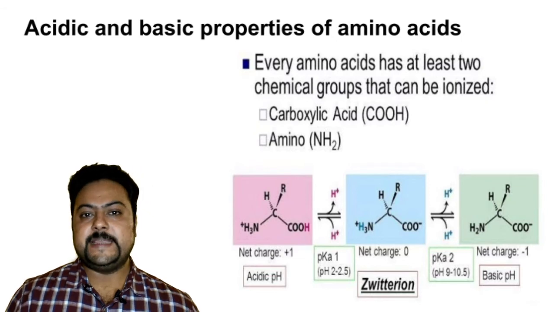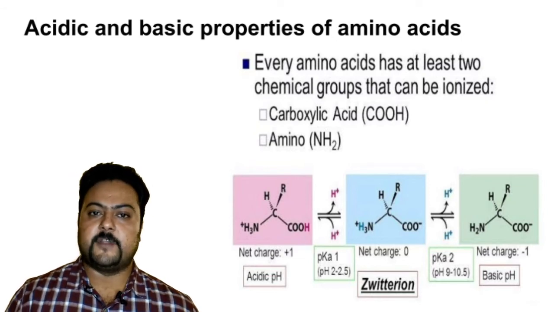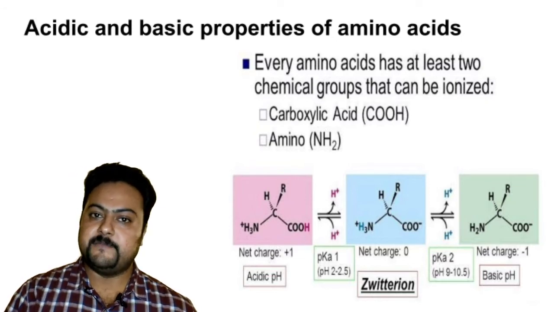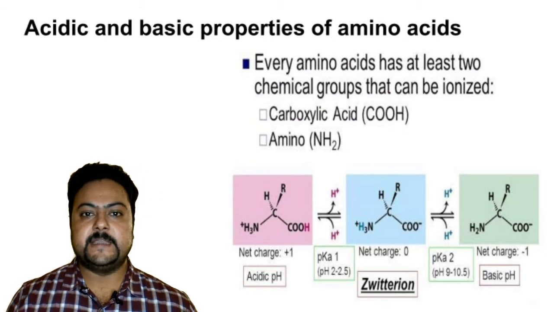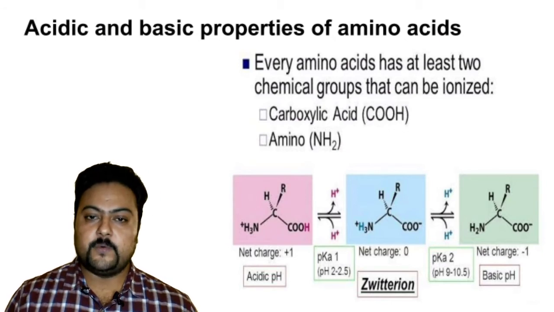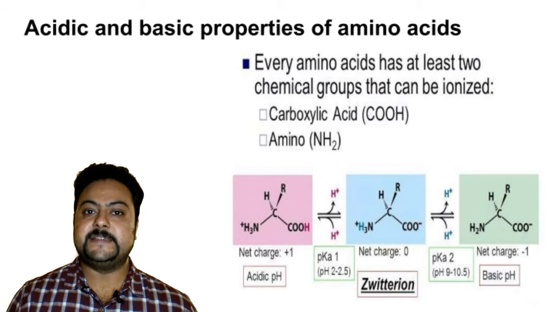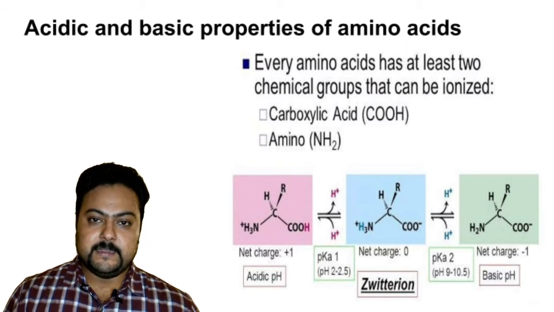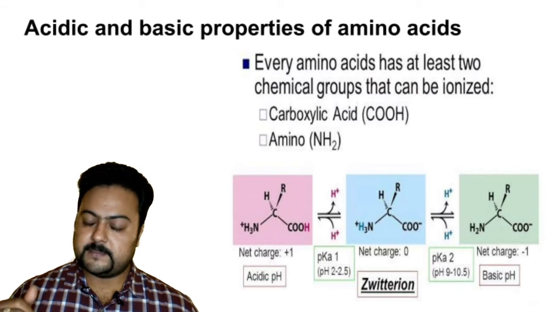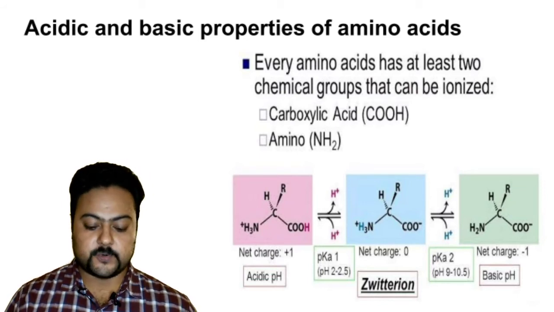So if we take a journey of an amino acid from a very acidic environment to a very basic environment, in a way that the pH is gradually increasing, we will find that a point will come where the carboxylic group will release a proton.